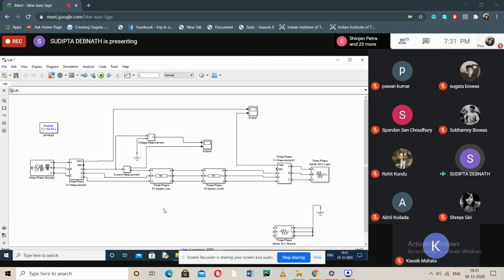All these things will be taught maybe in the next week. And this is the other experiment. The name of the experiment, you can write down: performance of long transmission line. The objective you can write down: to study the Ferranti effect and sealing in long transmission line. Any other question from you?